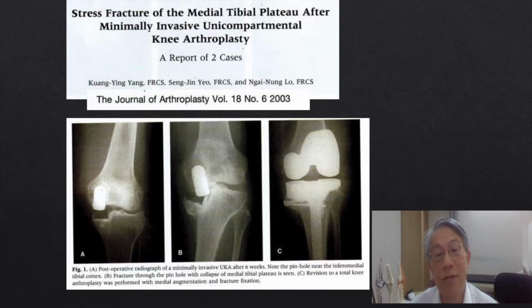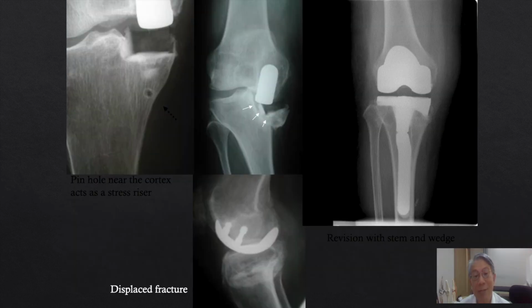And then lastly, a very specific, very particular problem would be that of unicompartmental replacement fractures. And this is very peculiar in the sense they tend to fracture through the pinhole sites after doing a uni where you have weakened bone. Often if you're osteoporotic, you have to cut a deep slot into the bone. Then under shear stresses, they can crack right through, giving a very vertical fracture line.